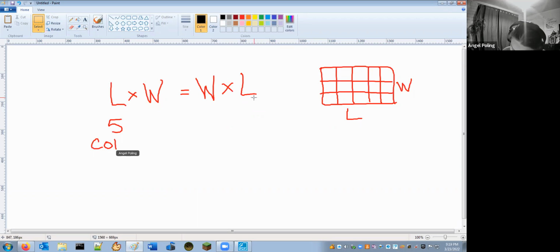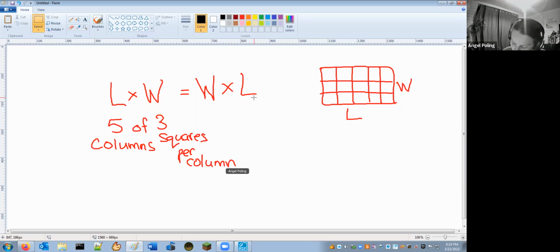columns of 3 squares per column. And that has the same value.